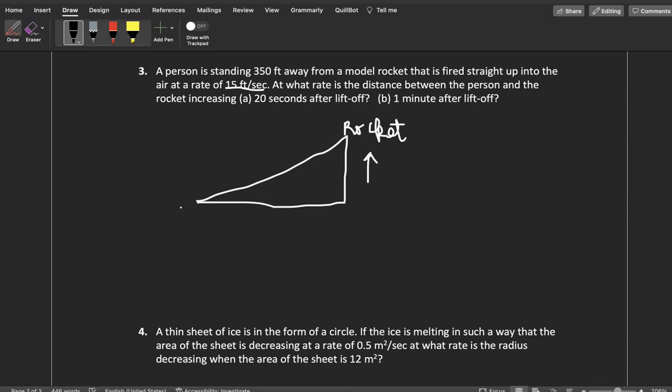I'll just call them P, so you guys should know it's the person. And this side is the height, Y. This one is X. And then that one is Z.